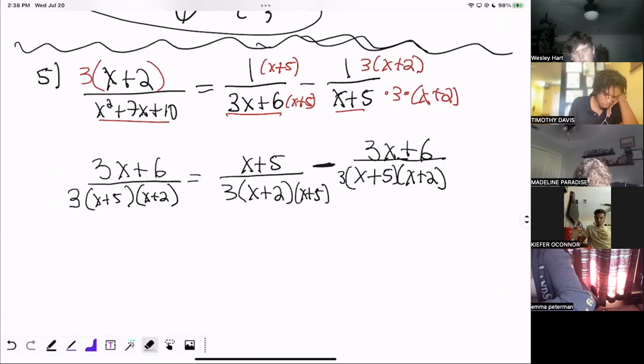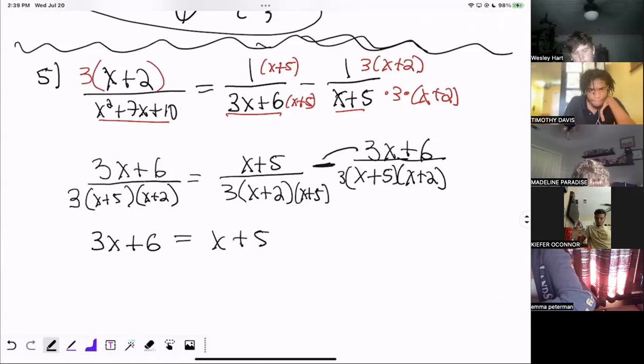Okay, so I have all common denominators. This means I don't need my denominators anymore. So I'm left with 3x plus 6 is equal to x plus 5. Remember to distribute that negative sign. Negative 3x minus 6. And now we can combine like terms.